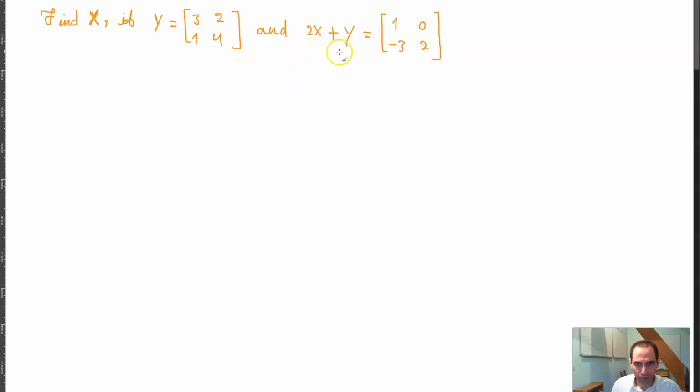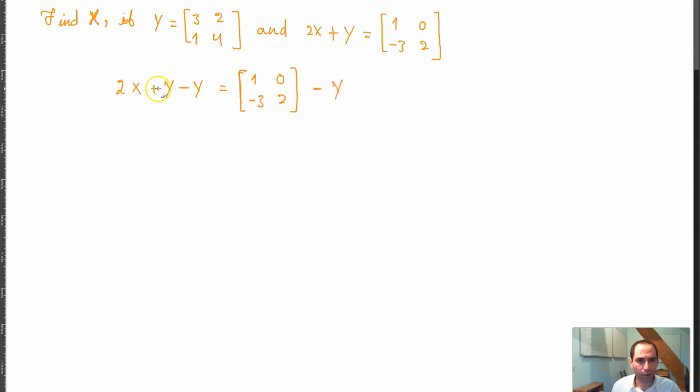Okay, so I can write the equation as 2x plus y is equal to the matrix 10 negative 3 2, and subtract the y from here.